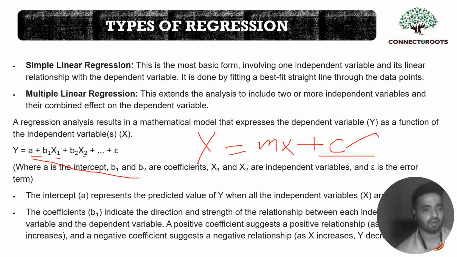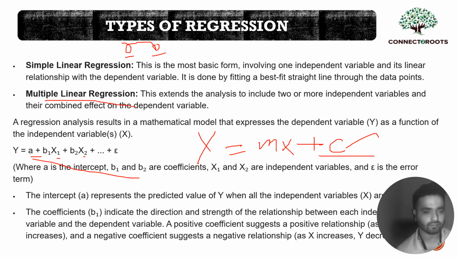Simple linear regression is when you have one independent variable influencing one dependent variable. In multiple linear regression, there is more than one independent variable influencing the dependent variable.